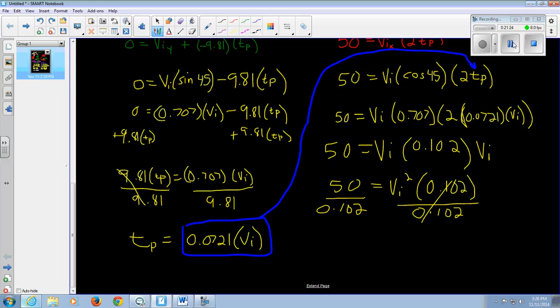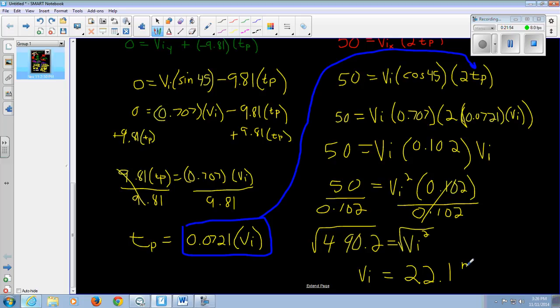those cancel out. We get 490.2 equals VI squared, and we're not done yet because we've got to take the square root of both sides, and we'll finally arrive at our initial velocity equal to somewhere around 22.1 meters per second.